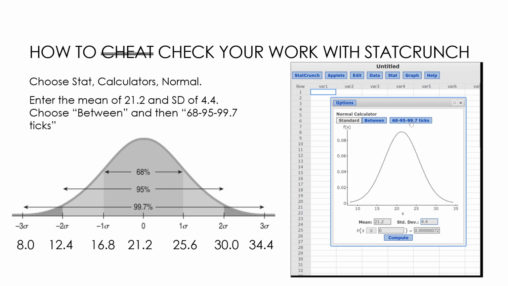And when I do that, this little option up here, 68, 95, 99.7 ticks option comes up, and I click it once, and if you'll notice, I get the exact same values that I got when I did it by hand. So the trick here is to make sure that the standard deviation and the mean are rounded to whatever you want them rounded to in order to get the most precise answer, or the answer asked for in the question.